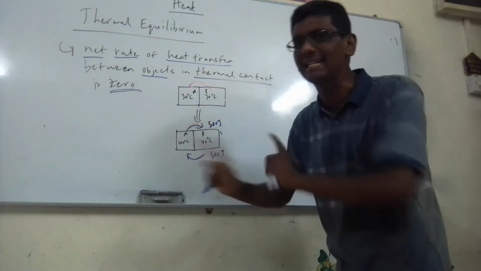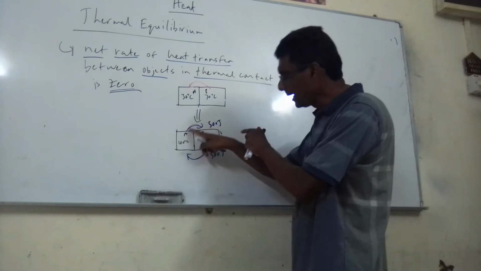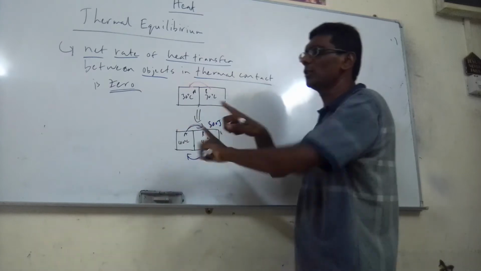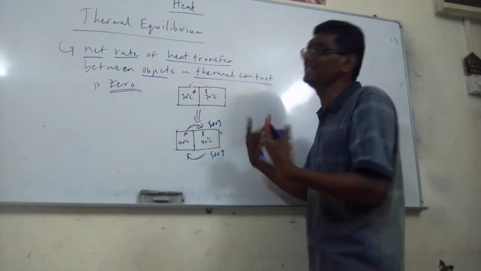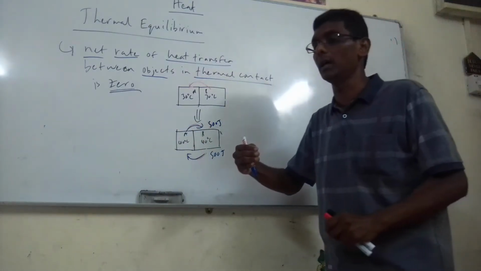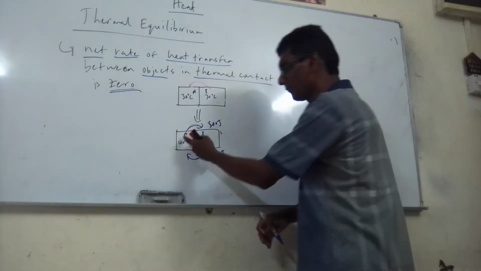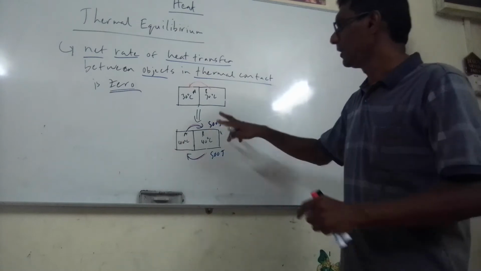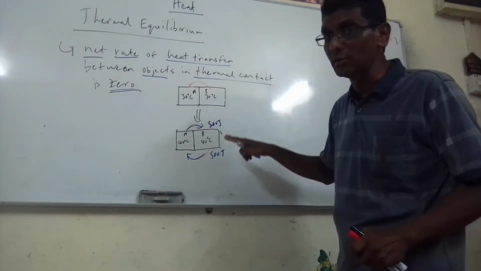So the net heat transfer is 500 joule minus 500 joule, which is zero. So the heat transfer between the two objects must be zero. This is called thermal equilibrium.